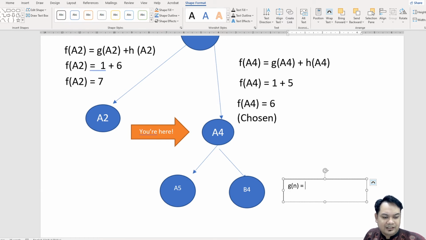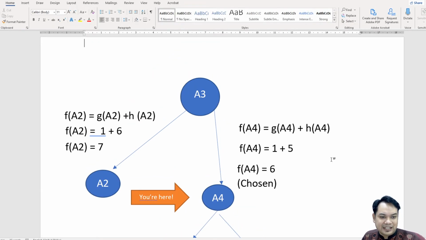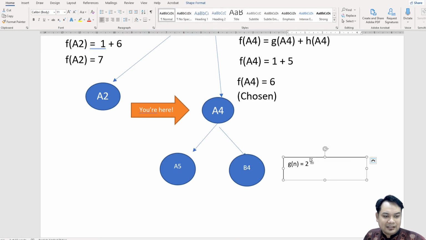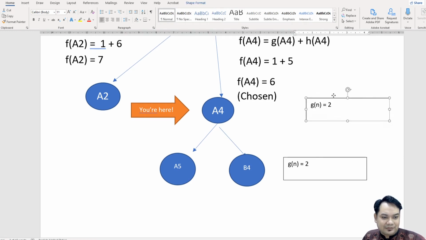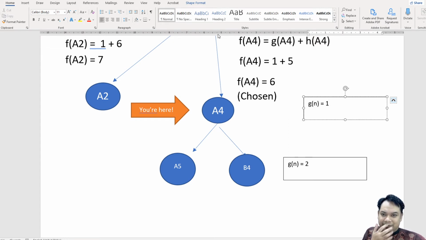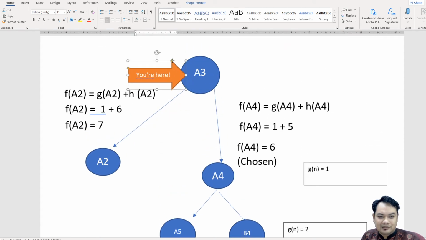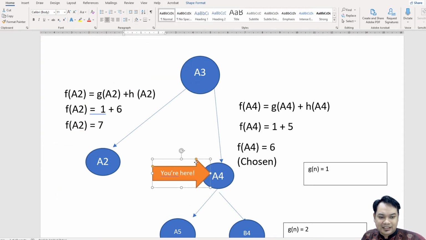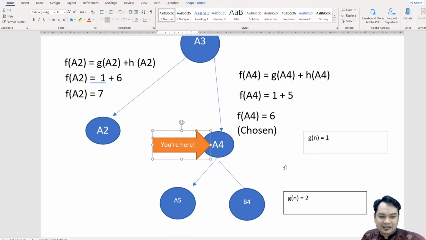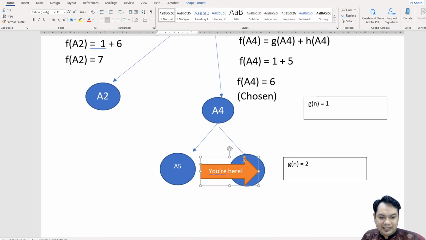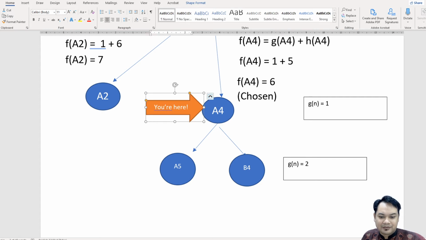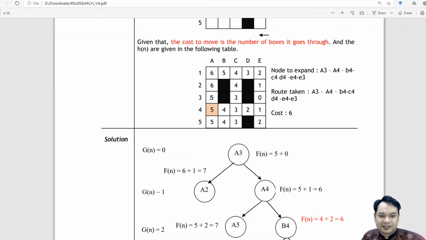Okay, on this level, Gn is automatically 2. Sebab apa Gn is automatically 2? Sebab kita dah travel dah kepada 2 tempat. Because we are already here, so di sini Gn 1. Bila kita travel ke bawah, Gn dia 1 lah, either this or this. But we are already here. So to travel to this or this, it takes 2 steps from the source.